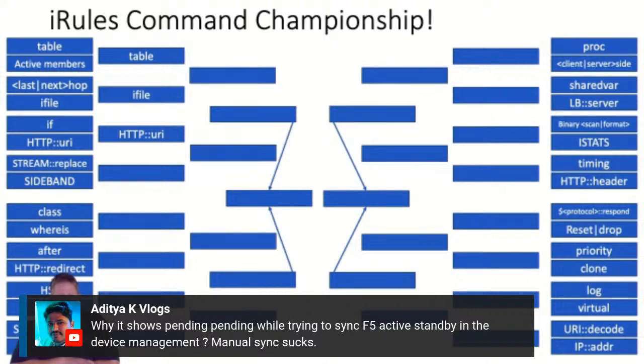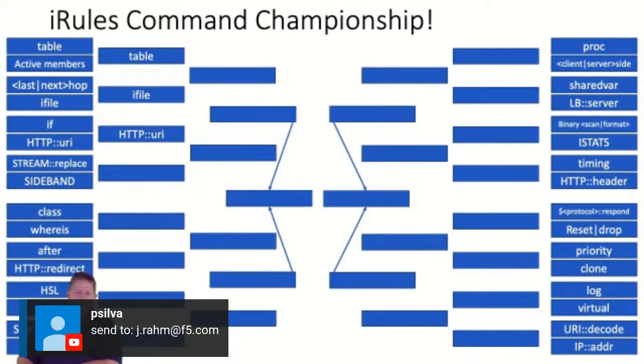There's a knowledge base out there that deals with that. I think Aditya, I'll look that up. I don't know it off the top of my head, but there are some gotchas and tricks. It might even be in the BIG-IP operations manual. But if you don't find it there in the operations manual or in a knowledge article, I'll look for it too. Hit me up. P Silva put my email address up there, and then we'll try and tackle that.